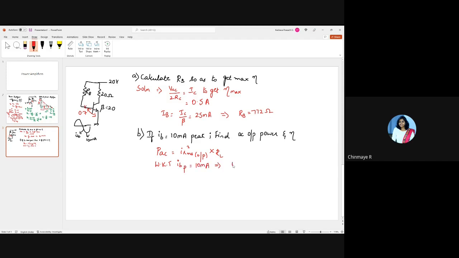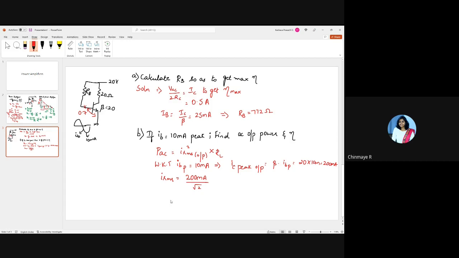So therefore we can find IC peak at the output is equal to beta into IB peak, which is 20 into 10 milliamperes, which is 200 milliamperes. This is the peak value of the output current, right? So now what is IRMS? That's nothing but I peak, which is 200 milliamperes, divided by root 2.